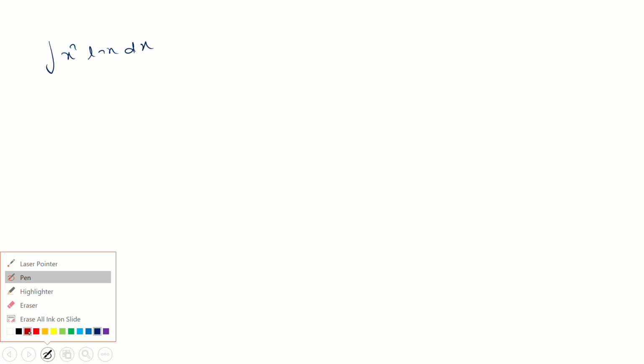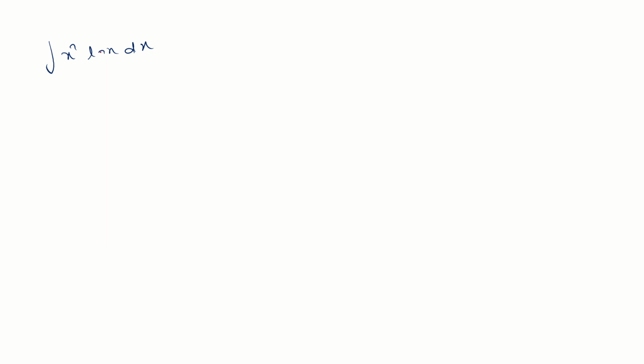With the help of ILATE, we take this function as first and this function as second. The formula is: first into integration of second minus the whole integration of differentiation of first into integration of second. So guys, just put it, nothing else.